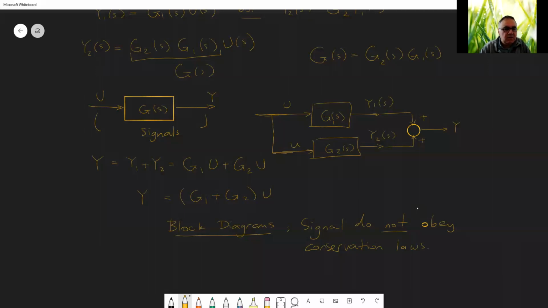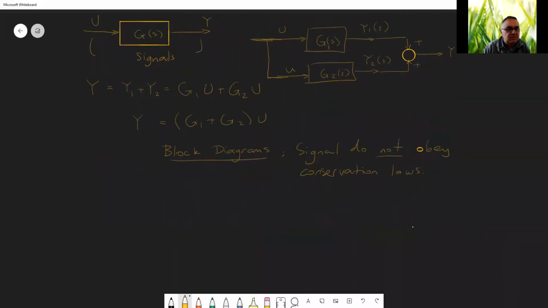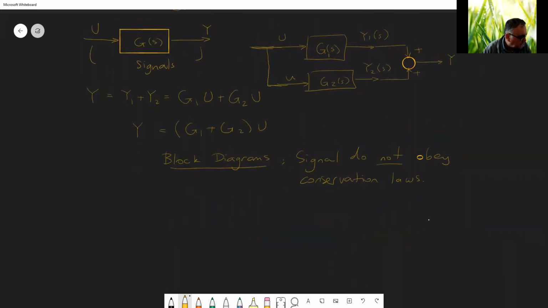This means that when I take a branch from this U and move it to another place, this U does not get divided into two, but if this is a U, this is also a U. This is just a mathematical fiction we are using. It's not a physical thing. Block diagrams are not really physical. They represent physical systems, but they are not physical systems themselves. And the elements in the block diagrams are as follows. One is the blocks, G of S.